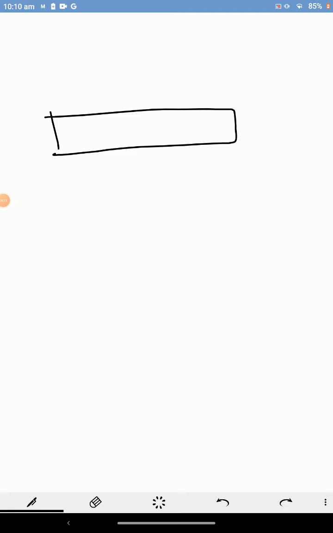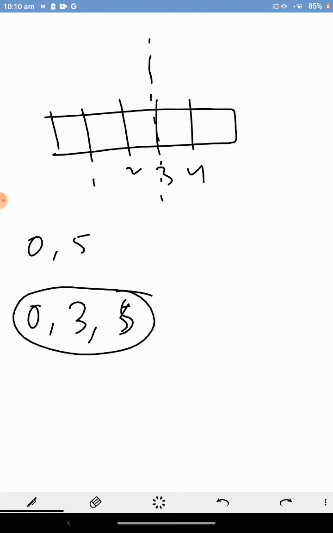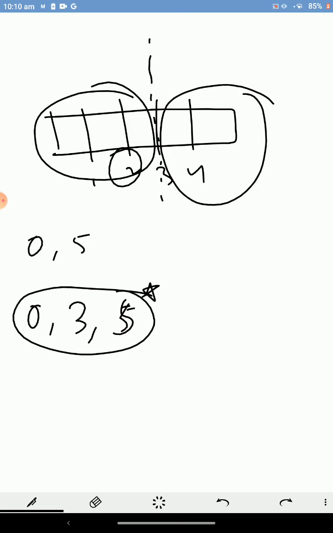Suppose we have a wood of length 5. We have stored 0 and 5 in our set, and now suppose we cut it at 3. So we'll insert 3 also in our set, and now we have to tell the length of the piece with mark 2, and the length of the wood which has mark 4 on it.